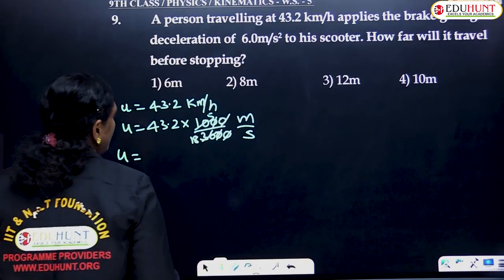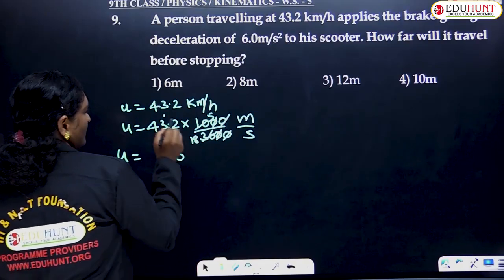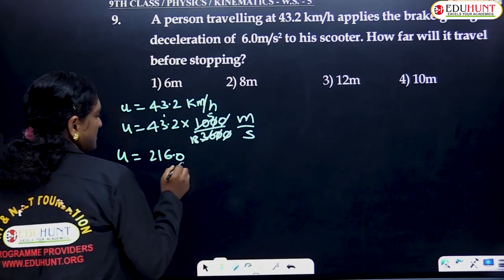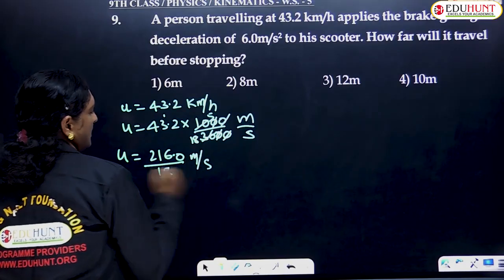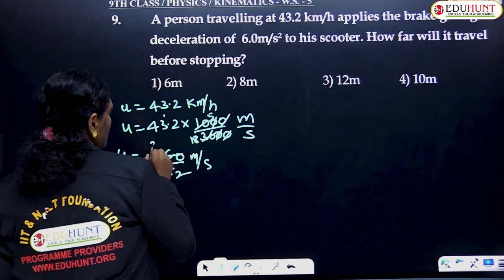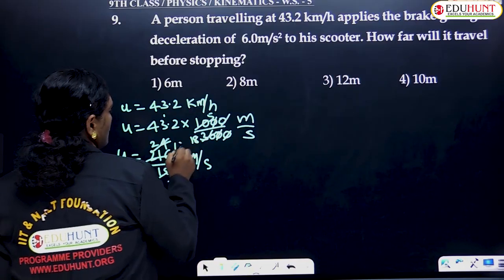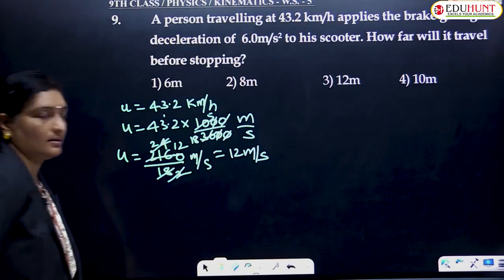Hence the value of U is found to be 5 2's 10, 5 3's 15, 16, 5 4's 20, 21, 216.0 by 18 meter per second. So 9 goes 2 times, and here 9 2's 18, 9 4's 36, and this goes 12 times. Hence U was found to be 12 meter per second.